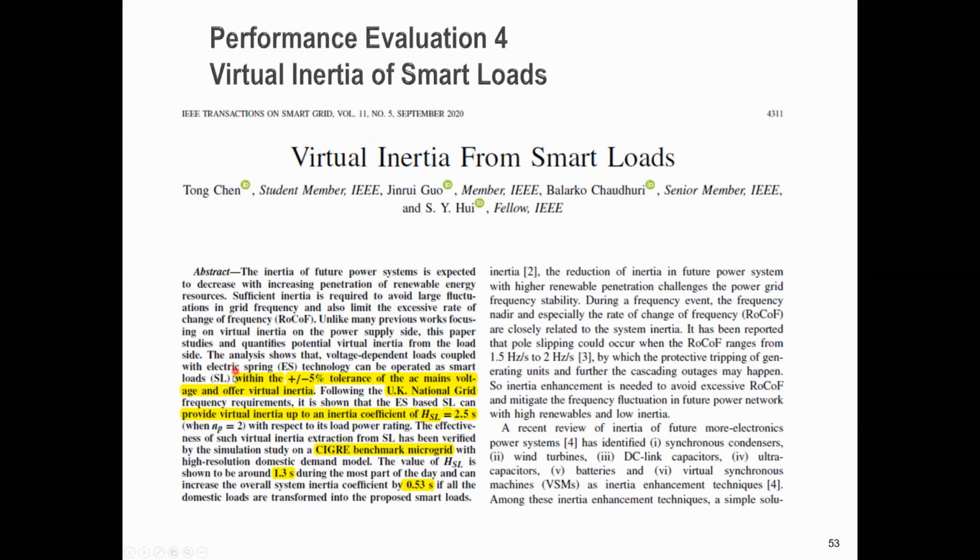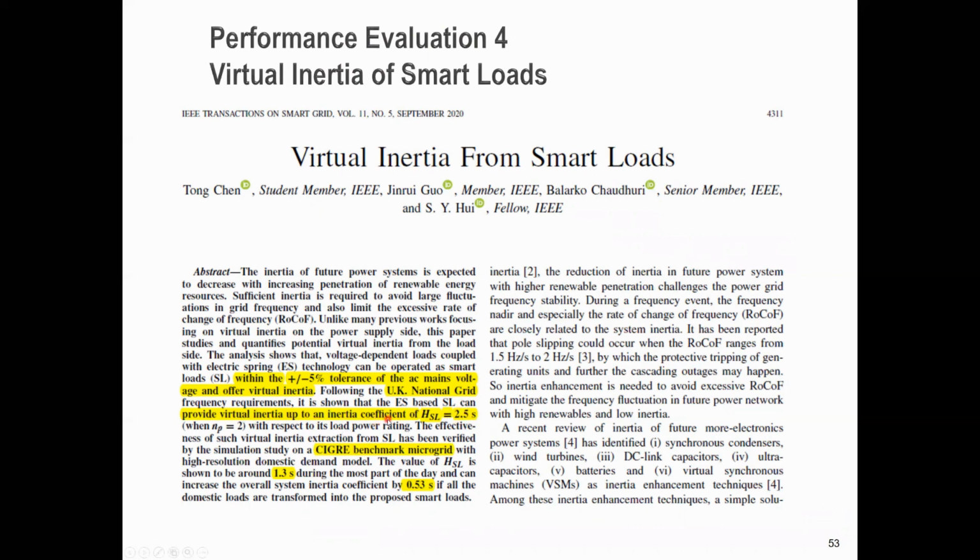We use the electric spring, and we limit the voltage fluctuation to be within the normal plus or minus 5% tolerance. And then for the UK national grid, we find that the total virtual inertia that we can derive from the use of the electric spring technology can be as high as 2.5 seconds, which is a significant value in terms of inertia.